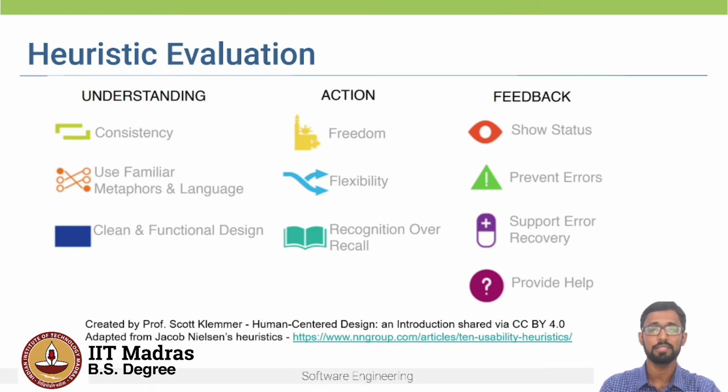This image is taken from Professor Scott Klemmer's HCI course, where he has grouped these heuristics into 3 broad categories of understanding, action, and feedback. We will be looking at these heuristics in this and the upcoming videos.